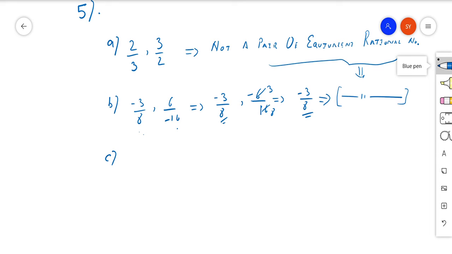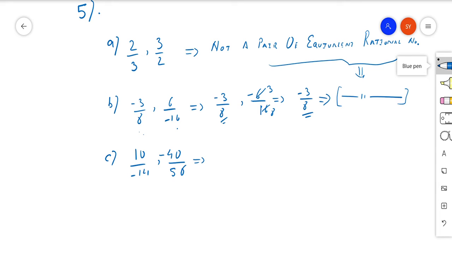See, the third one is 10 by minus 14 and minus 40 by 56.